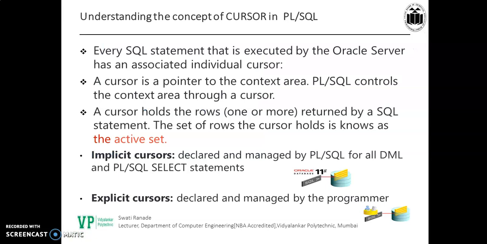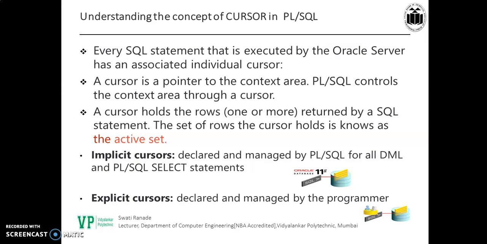So let's take one revision of the concept of cursor using PLSQL. Every SQL statement that is executed by the Oracle server has an associated individual cursor. That is nothing but a memory area to execute SQL statements.